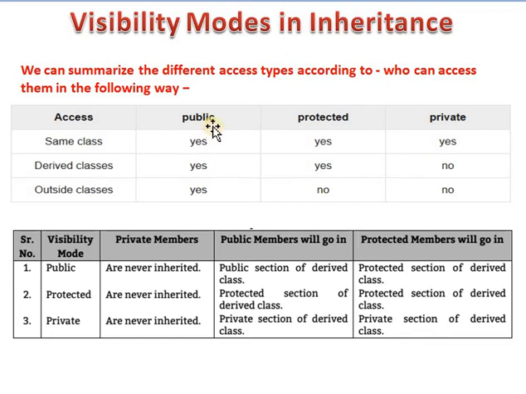The public data members can be accessed by the same class. In the same way, the protected members of the same class can be accessed in the inheritance. Private members can also be accessed within the same class.